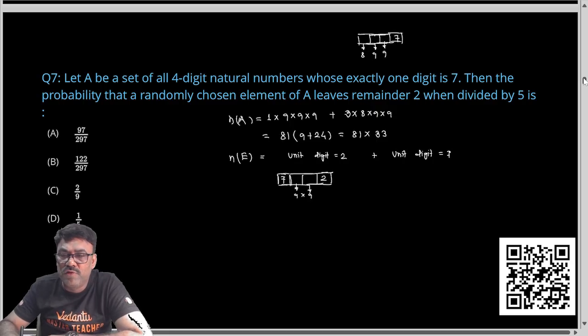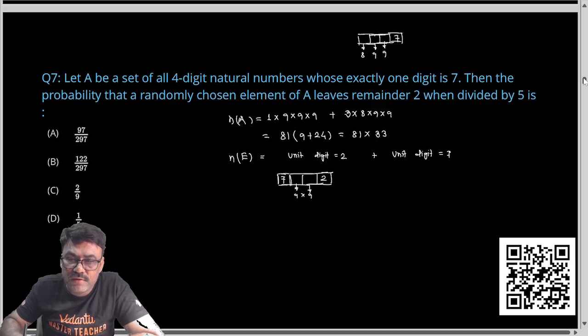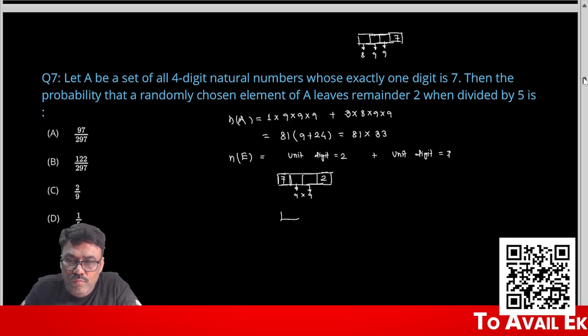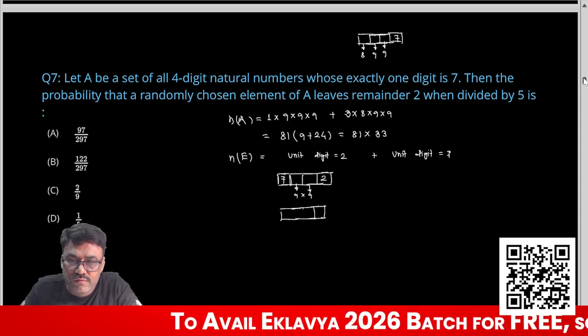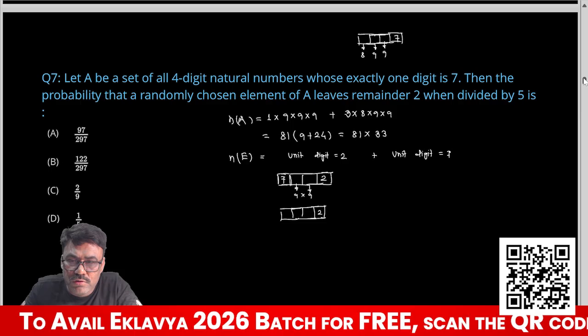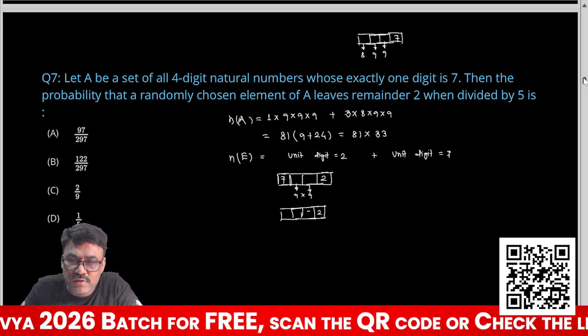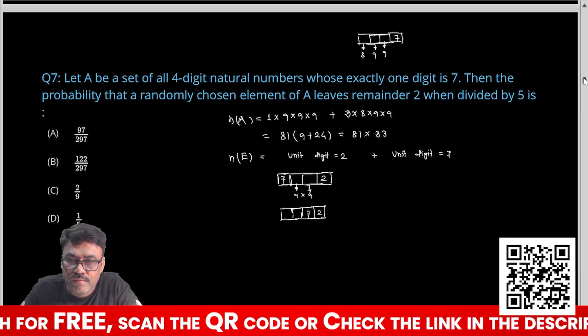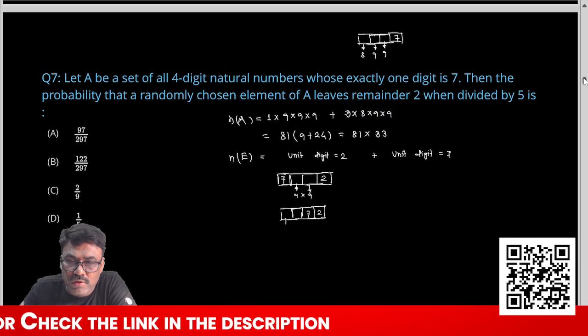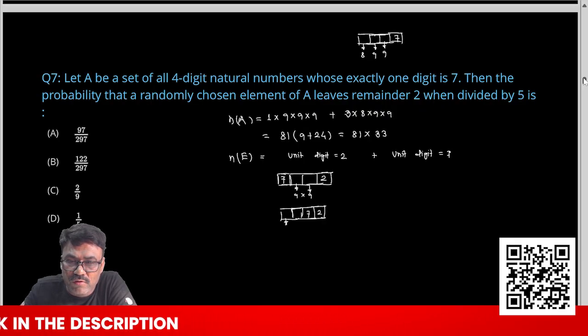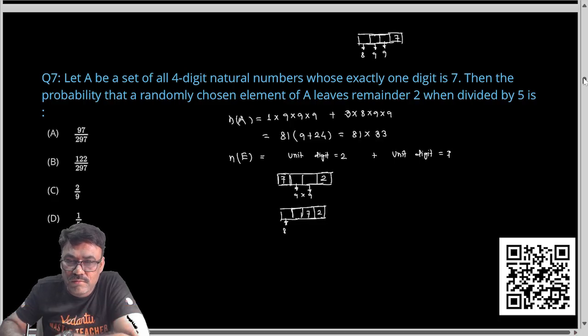Now, how many numbers will you get when 7 is placed elsewhere? Let's take one more case. 2 here, and let's say 7 is placed here. So now at this place we cannot place 7, so I have 8 options. Why 8 options? We cannot place 0 here and we cannot place 7 here.